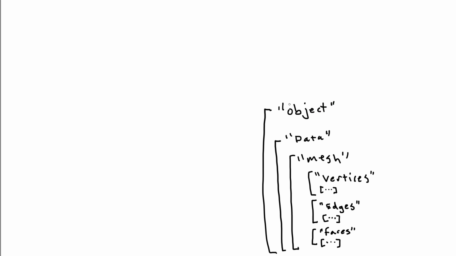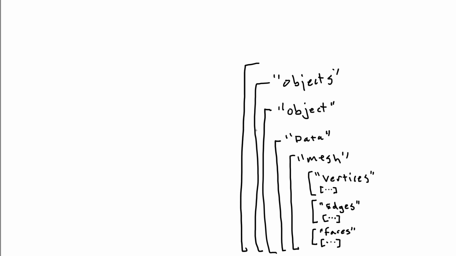And actually there's a list. I'm not going to draw the whole thing, but there's an object. Each object is part of a list of, well, maybe I will draw it, objects, right? And then that is inside of a scene struct.